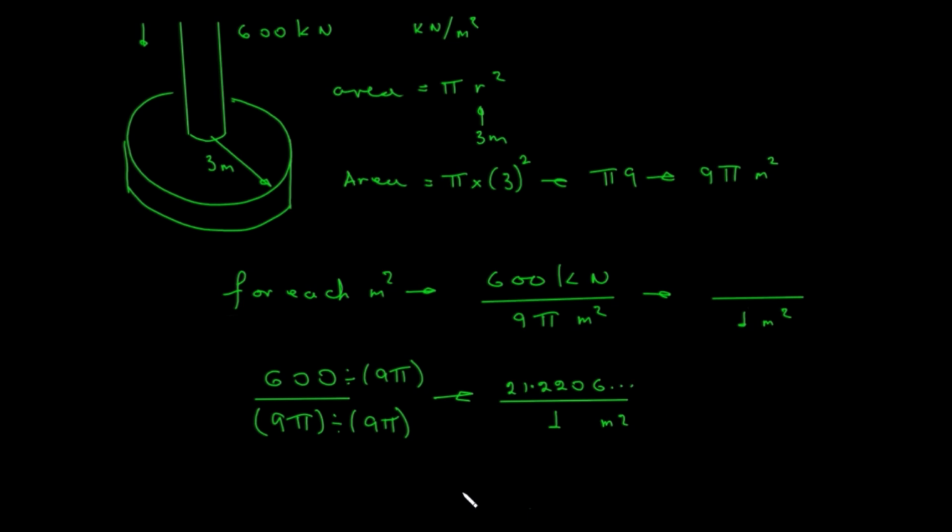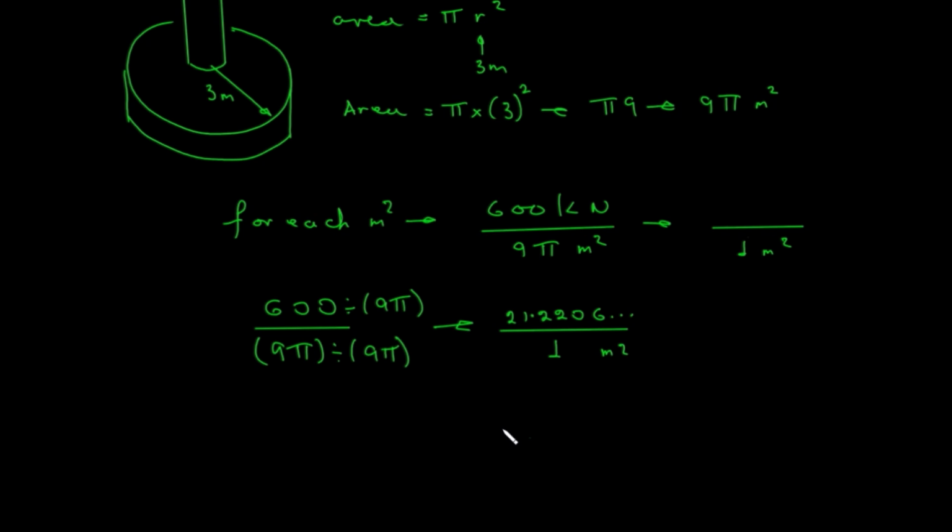Okay, I want to round it off. What's the rule of rounding? Here's the number: 2 1 point 2 2 0 6 and so on, meaning they go on. Where shall I cut it off? Let's cut it off here.